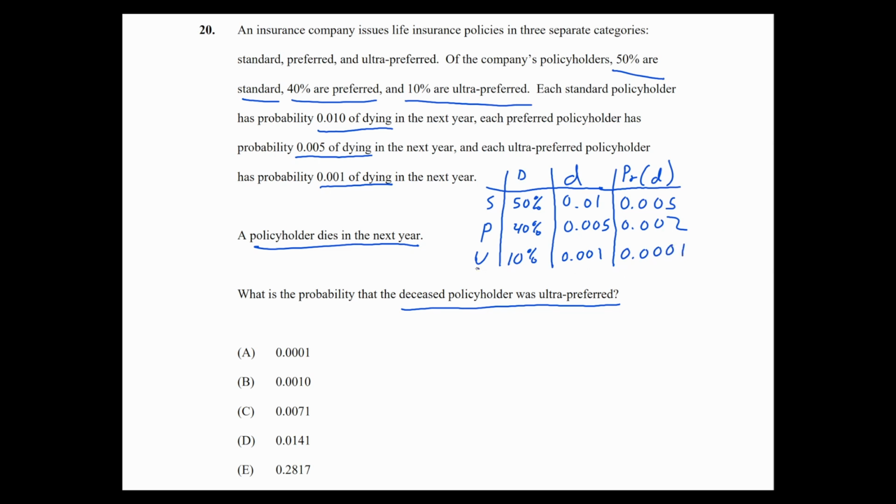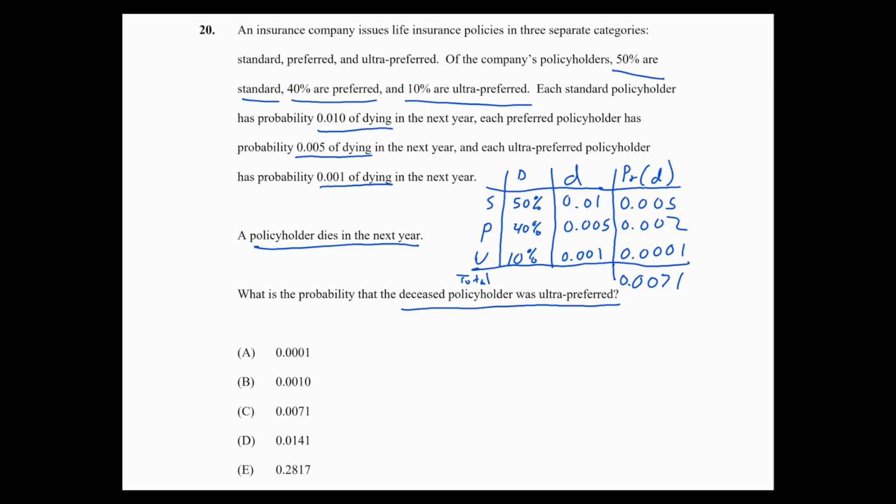And the sum of all this, I'm going to call this total at the bottom, down here under the probability of death. So the probability of someone dying is just the sum of all these parts, which is 0.0071. Right?